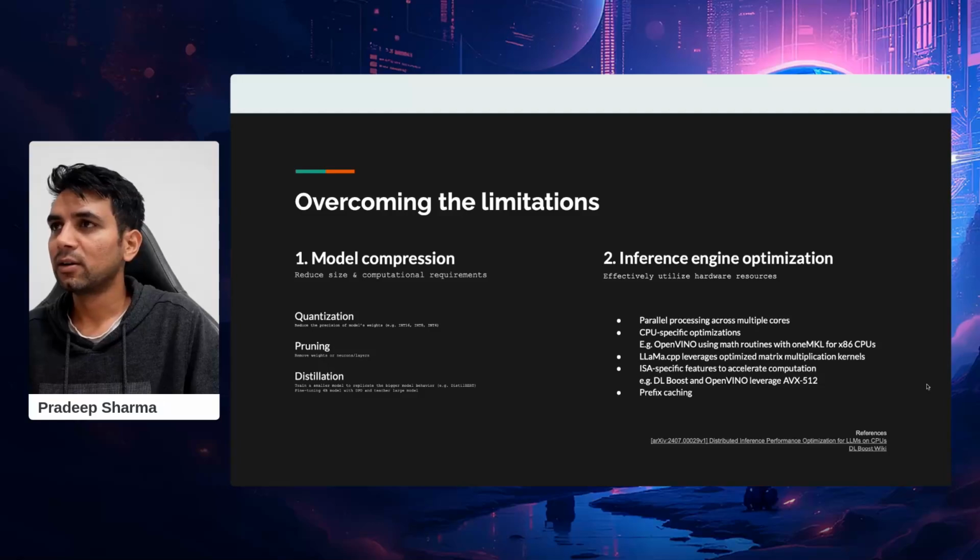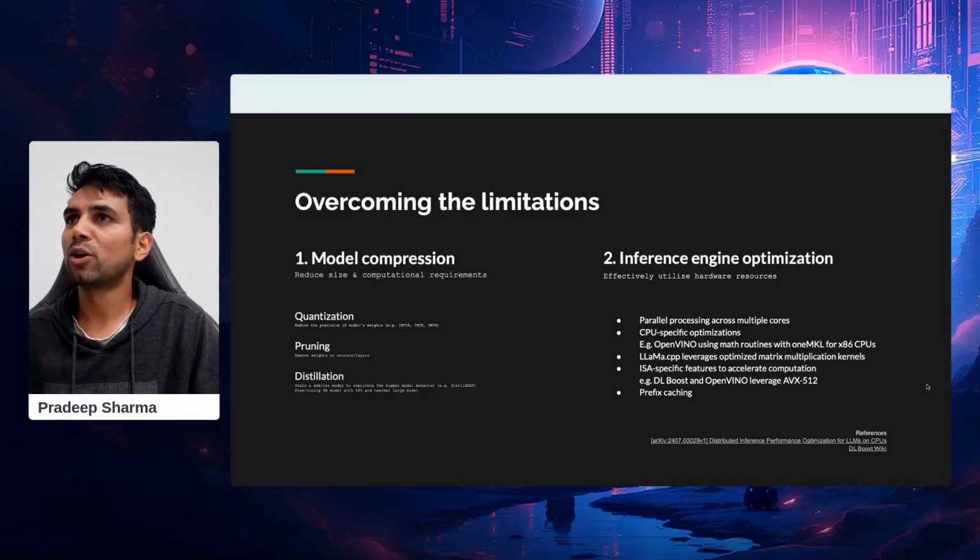And the final thing is distillation, which DeepSeek is very famous for. Distillation is basically using a teacher model, a bigger model which does a great job, to teach the behavior to a smaller model. That's what DeepSeek had done very well.